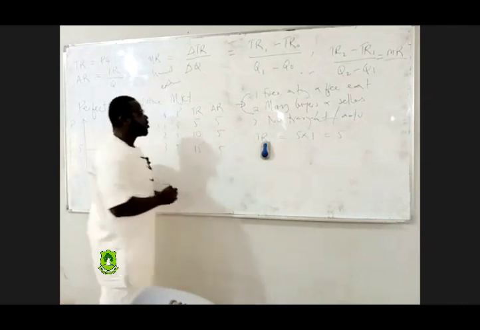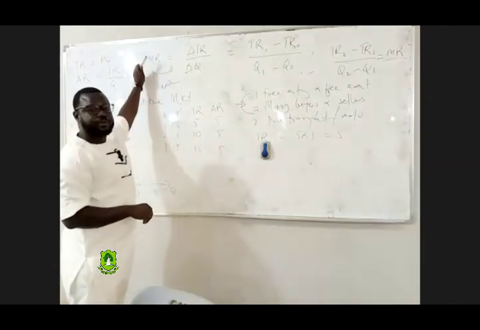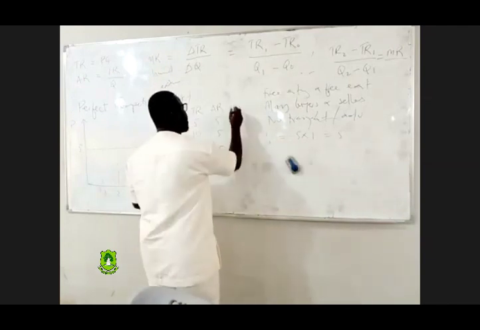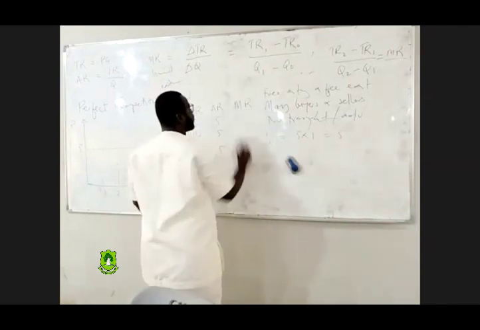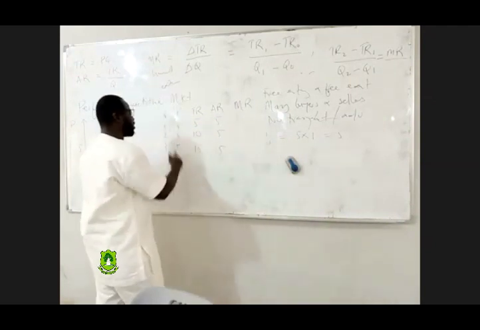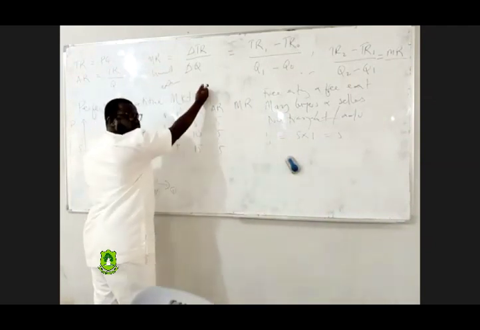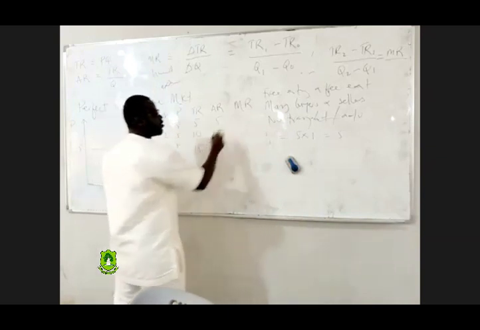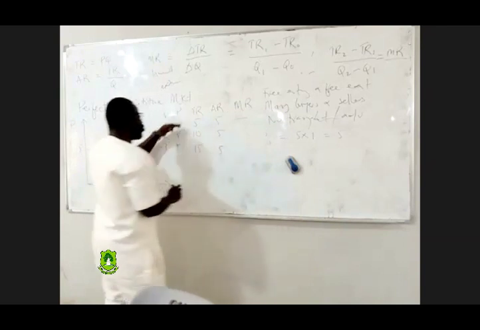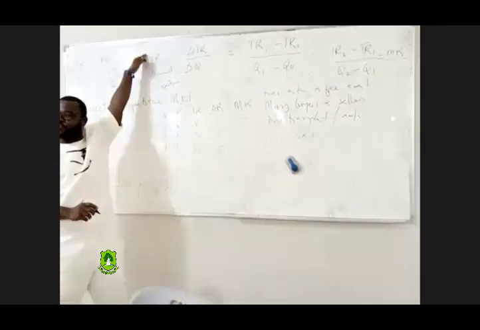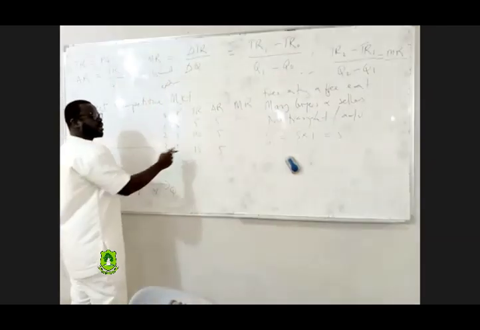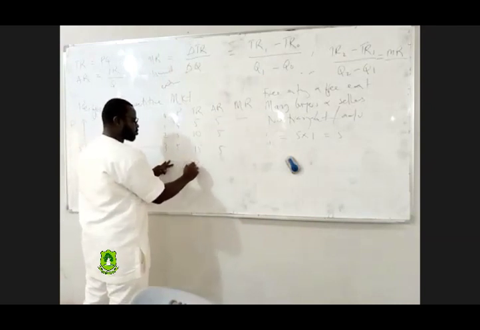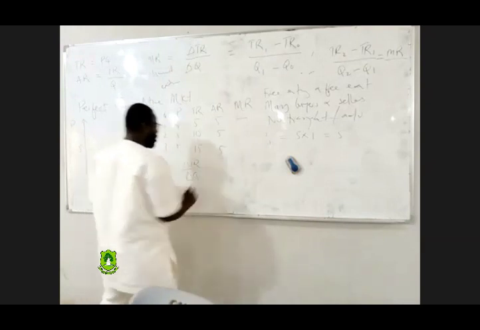5. Now, we also have what is called the marginal revenue. Like I said, the marginal revenue is the change in revenue divided by change in quantity. The first one is normally a dash because you don't have revenue for the previous one. So the marginal revenue here will be the change in total revenue over change in quantity.